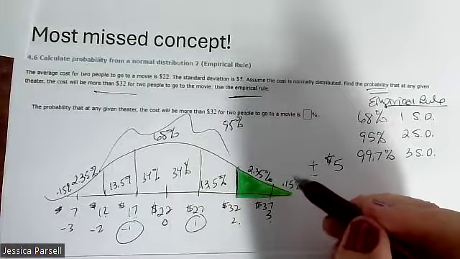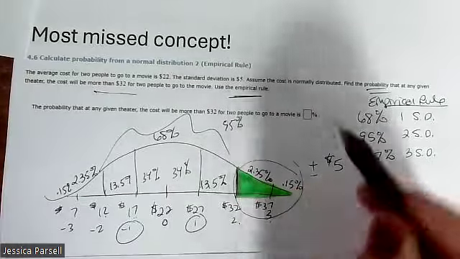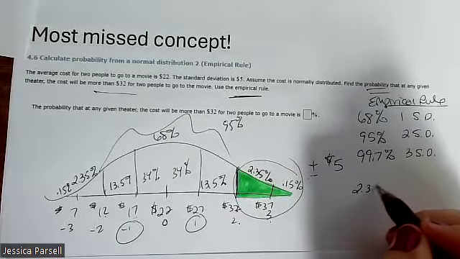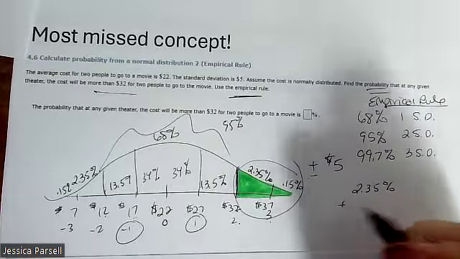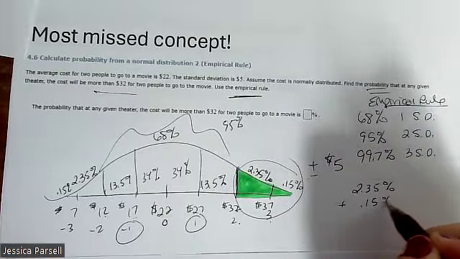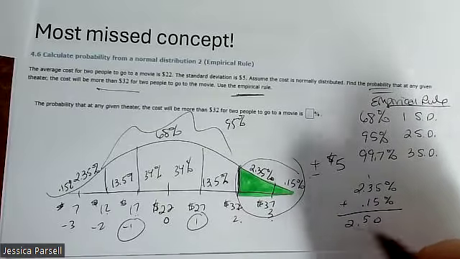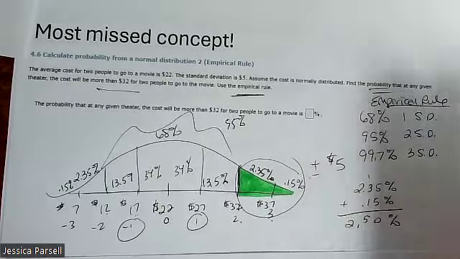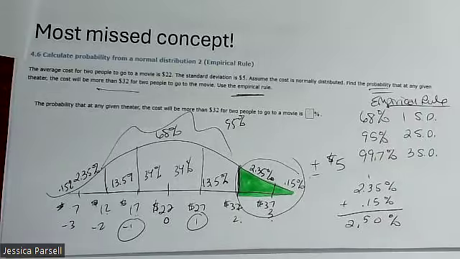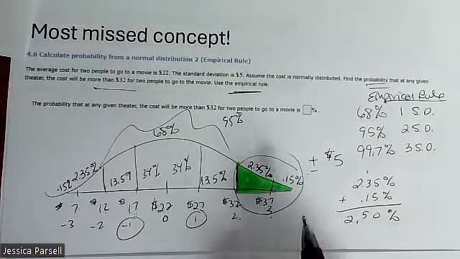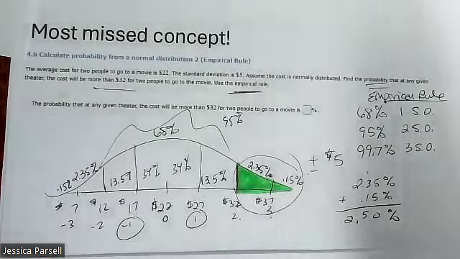That's the probability that 2 people would go to the movies and it would cost more than $32. So we're going to add 2.35% plus 0.15%. Our answer is there's a 2.5% chance that the 2 of us go out to any given theater and it's going to cost us more than $32.